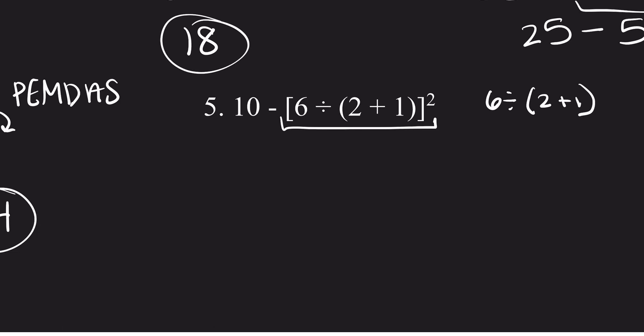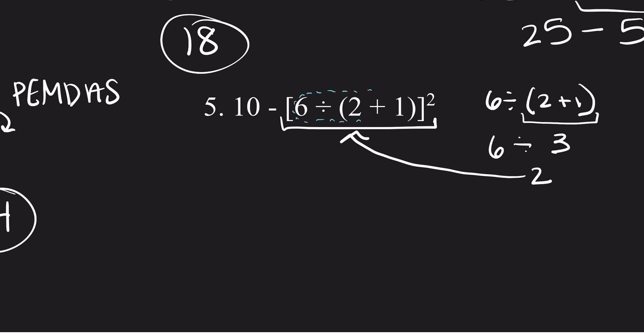If we were just solving this using PEMDAS, well, we would start with the parentheses and say, well, 2 plus 1 is 3, and 6 divided by 3 is 2. That, too, is what this simplifies to. Now, remember, that's just what this simplified to. Technically, we still have those brackets there, and we have this second power still, so don't forget about that exponent.